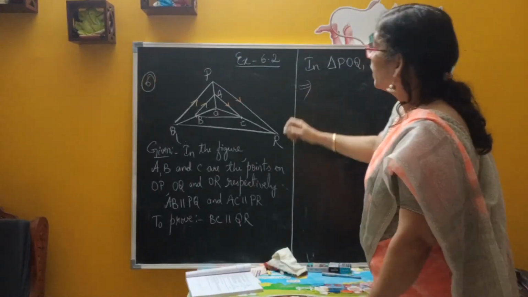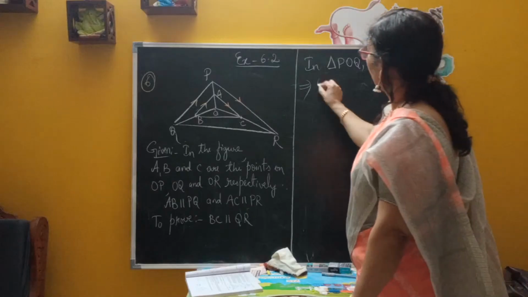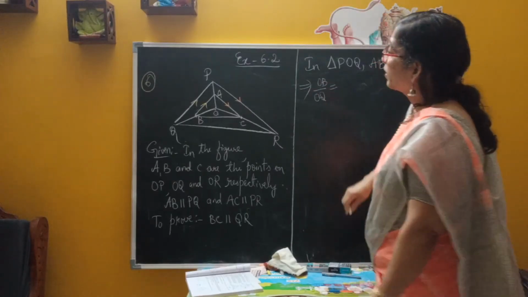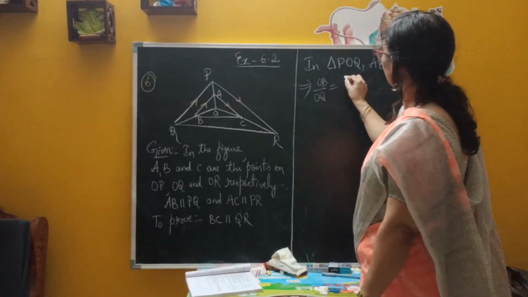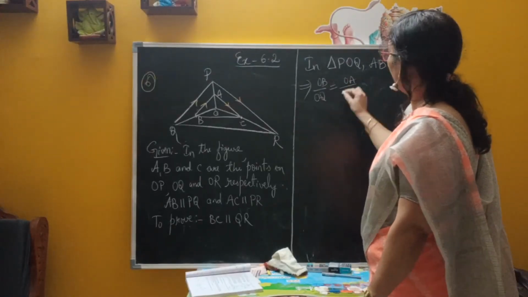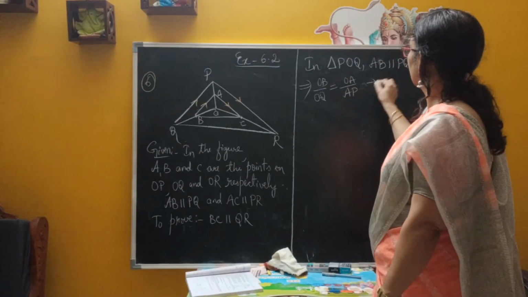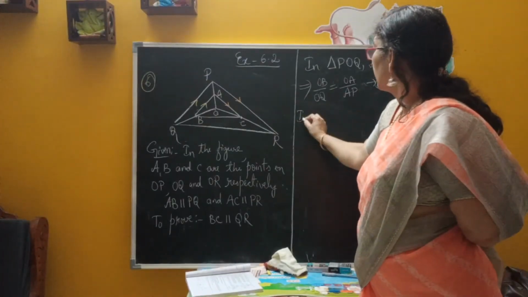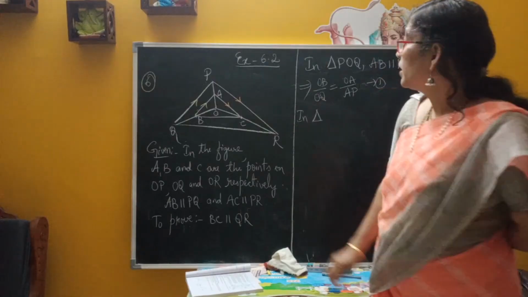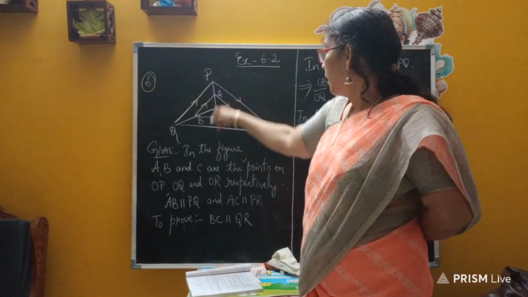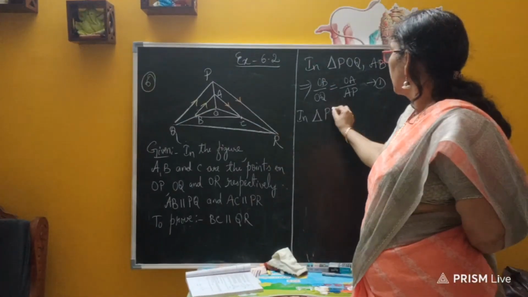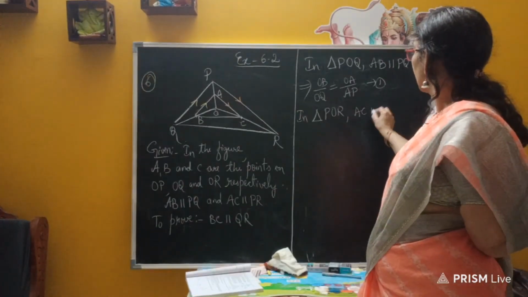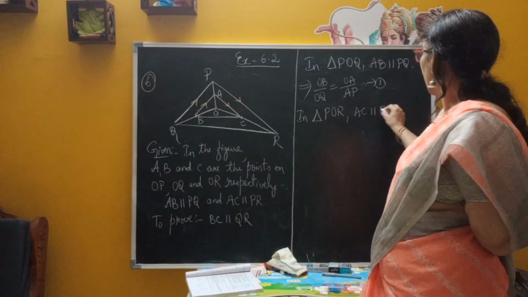This implies OB by BQ is equal to OA by AP. Equation 1. Second, in the other triangle, POR, the parallel sides are AC and PR.